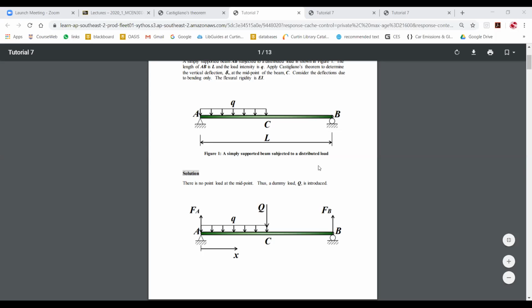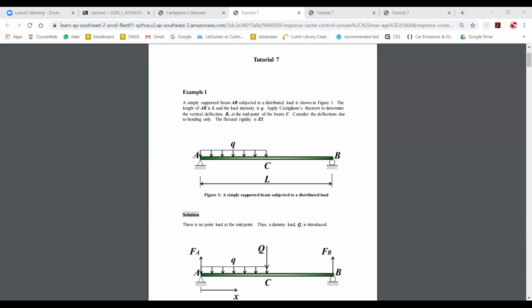I think you still didn't share it. Okay, probably, okay, I can see.